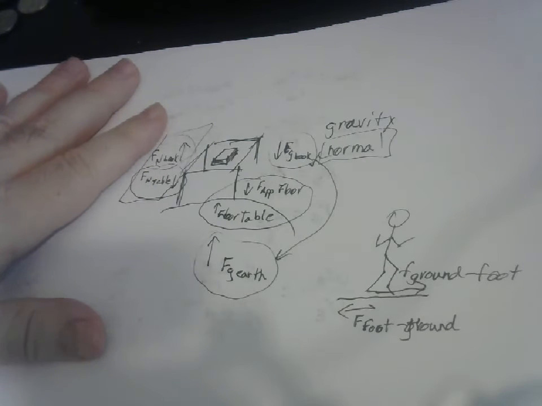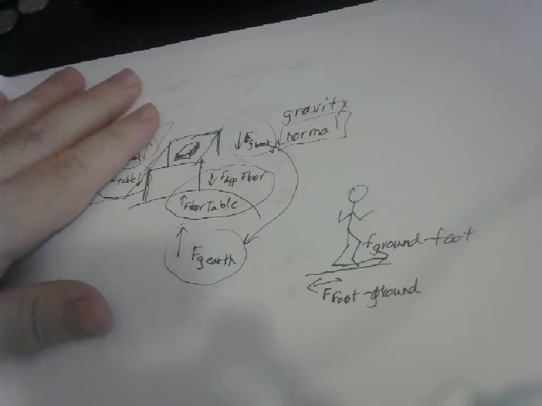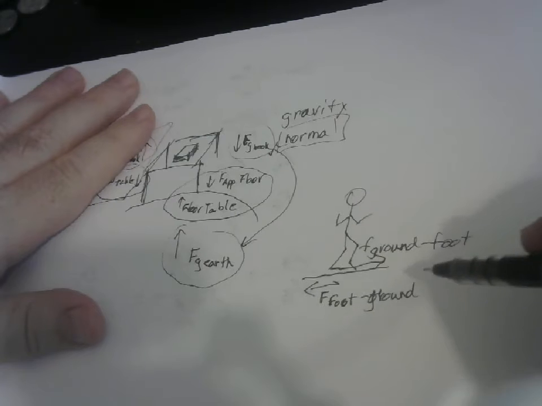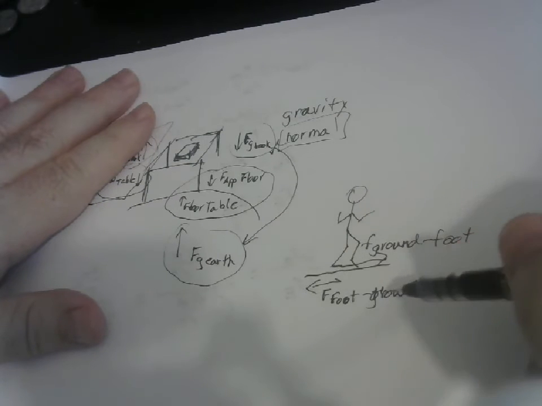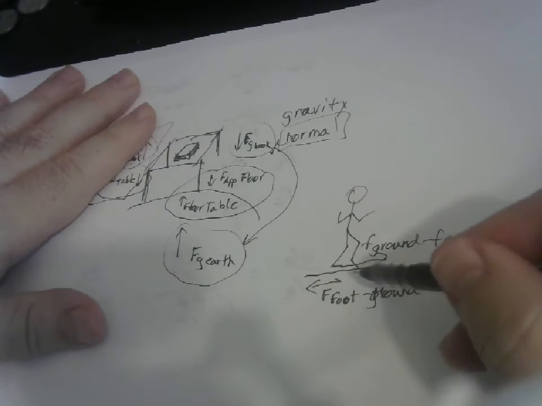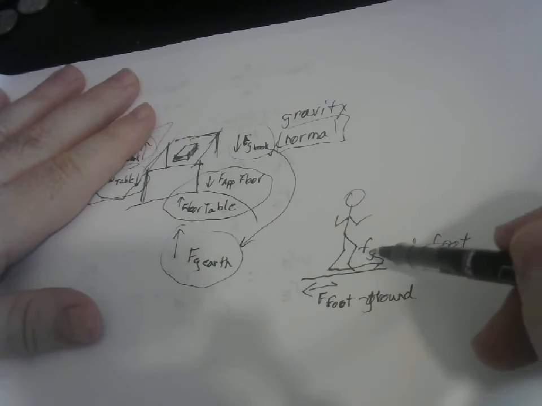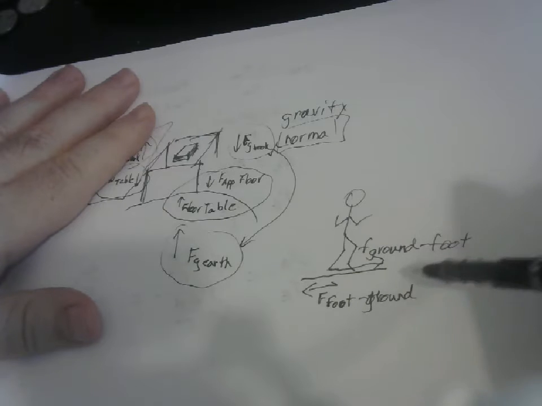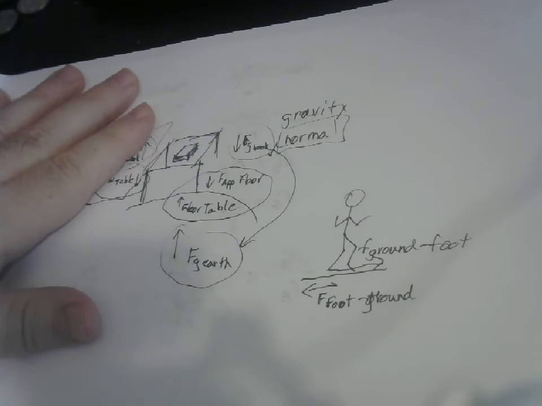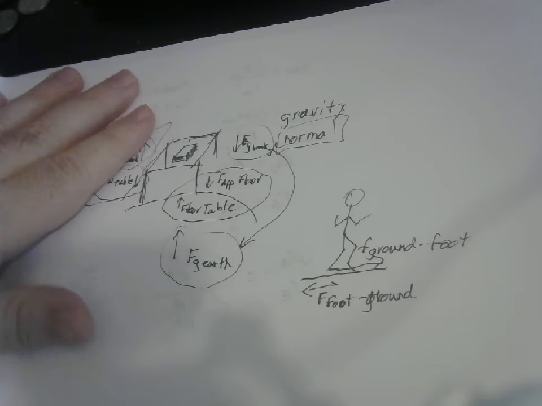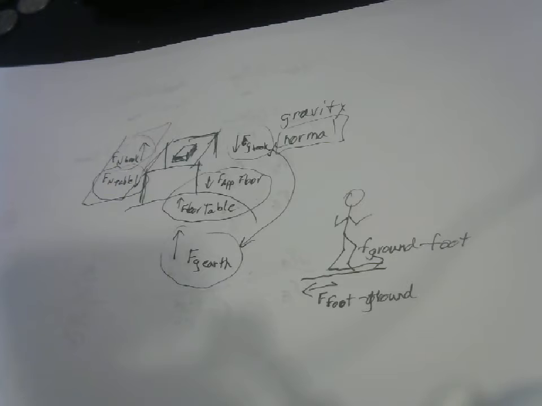And that is a frictional force in both directions. The force of your foot on the ground and the pushing backward, and the force of the ground on your foot are both cases of static friction causing you to not slide on the ground.